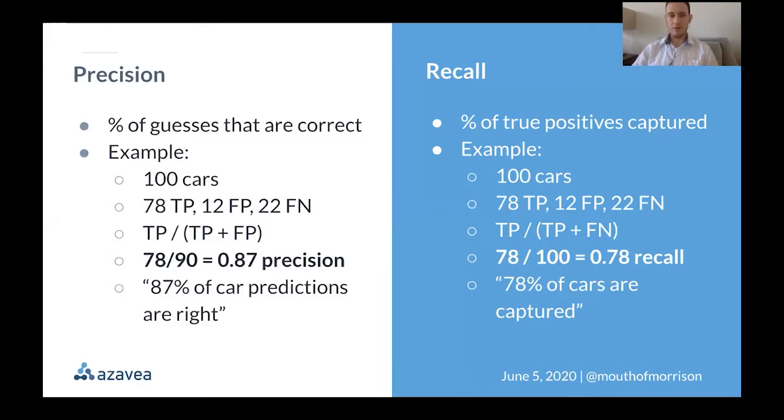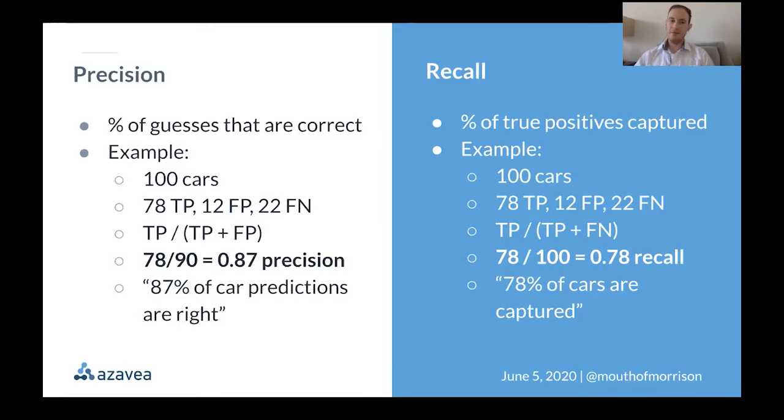And so you're taking the true positives and dividing them by the true positives plus the false positives. Recall, on the other hand, is of all of the true positives in the data set, what percent did you actually catch? And so in that earlier example I gave, the model that was useful had a perfect recall, had a 100% recall, because there were 100 true positives and it caught 100 of them.